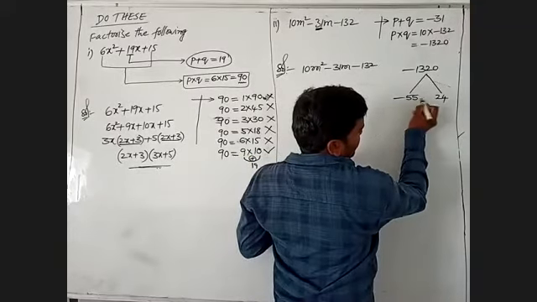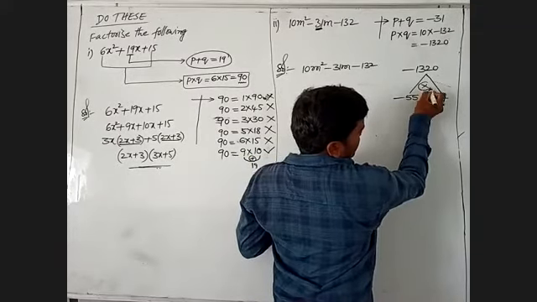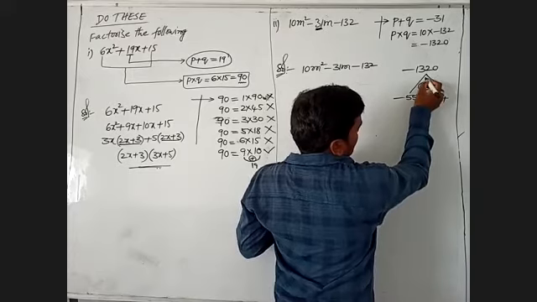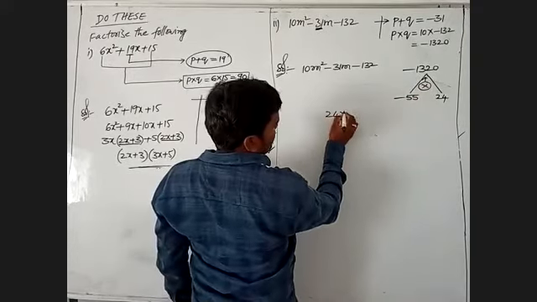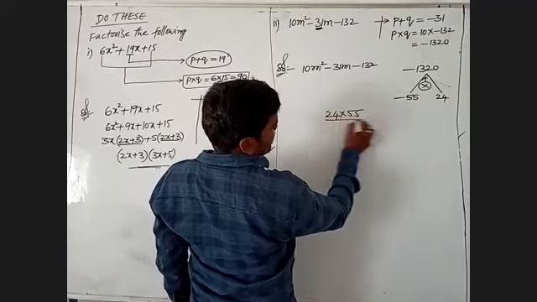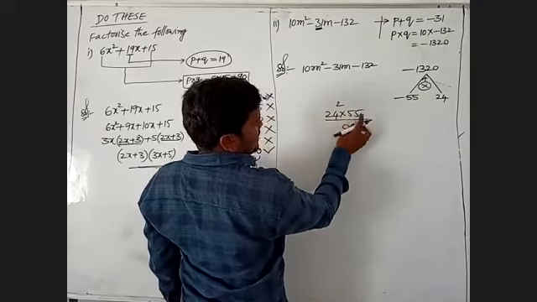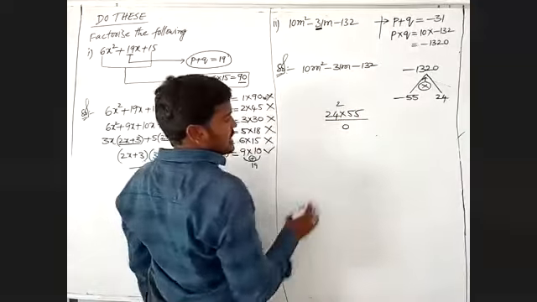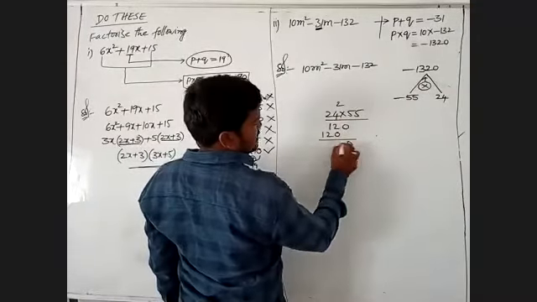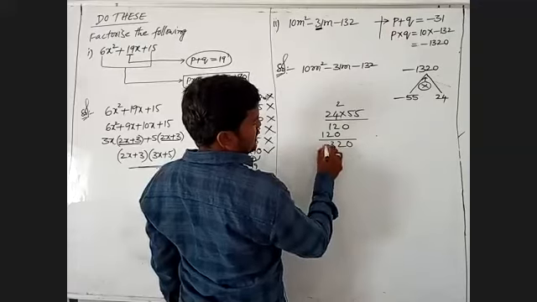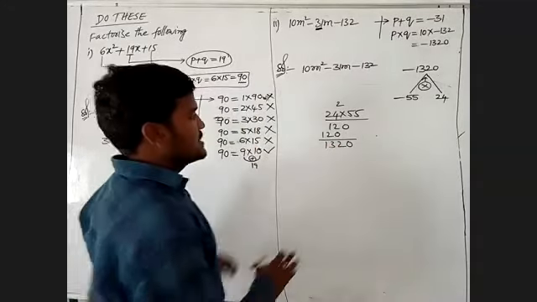Minus 55 into 24 is 1320. I will multiply that one. 24 into 55, 5 4s are 20, again 5 2s are 10, 10 plus 2 is 12. After that 1320 will satisfy.